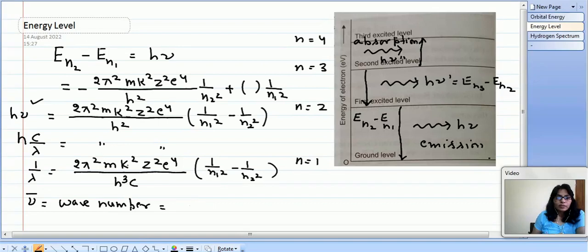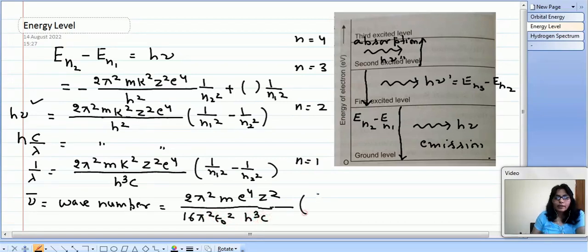And then this wave number is the same thing which is written here. Now let us manipulate this much more, and we will write it as 2 pi square m and the value of k. The value of k I will put as 1 upon 4 pi epsilon naught whole square. So m, then e to the power 4, and then z square, and in the denominator I am going to write the value of k, which is 4 pi epsilon naught whole square. So it will be 16 pi square epsilon naught square, and then h cube c, and within the bracket we have 1 upon n1 square minus 1 upon n2 square, which is equal to the wave number.